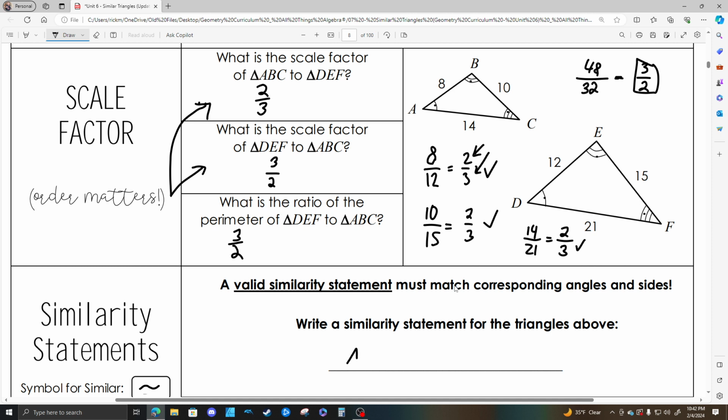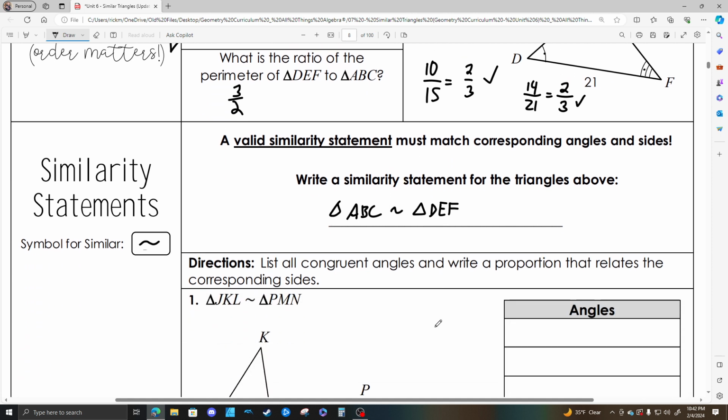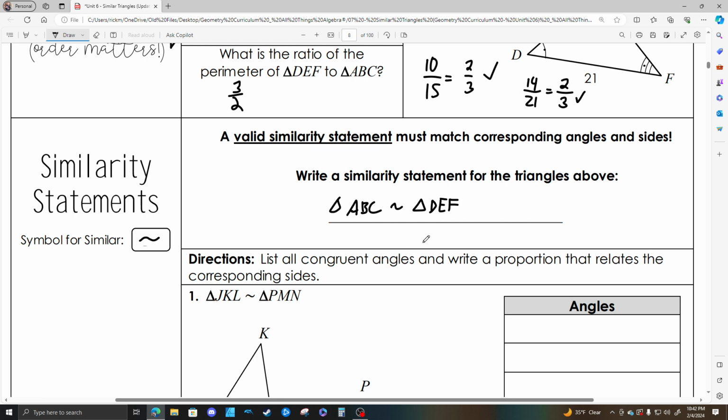We can say triangle ABC is similar to triangle DEF. That's how we'd have to phrase this one, because they have to go in this specific order, just like before, right? We have to make sure that the sides and the angles match up. So that's how you make the similarity statement. It's literally the same as a congruency statement, just with the little swoosh instead of the swoosh with the equal sign. It's literally the same thing.